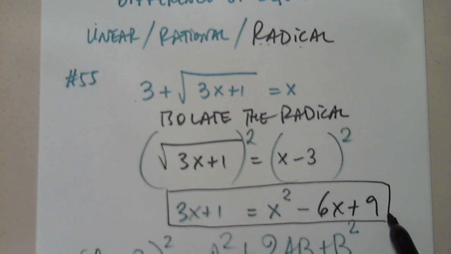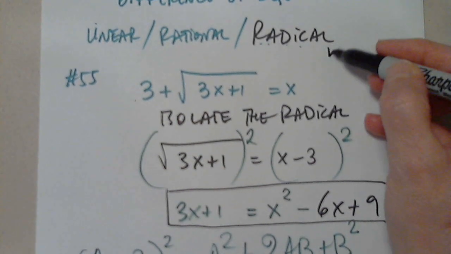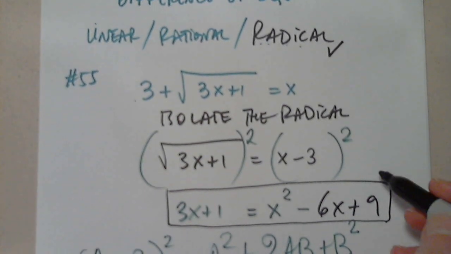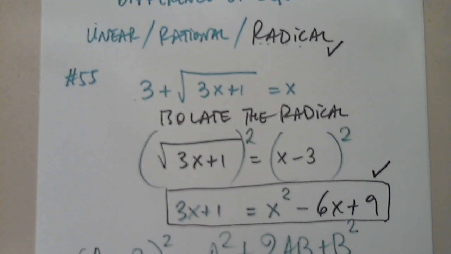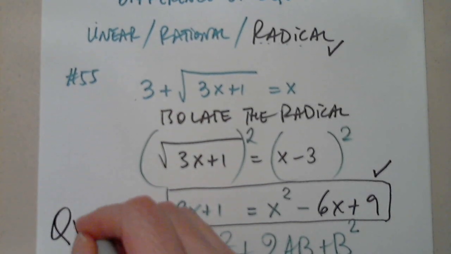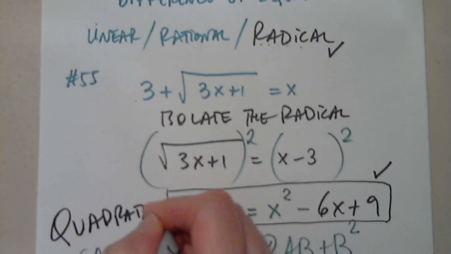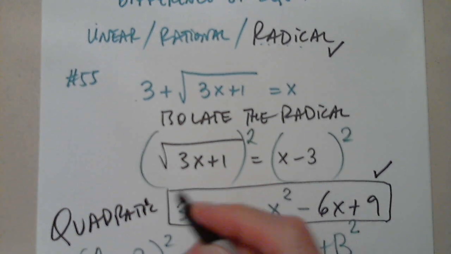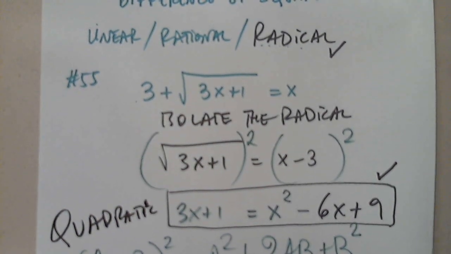What type of equation is this now? It was radical initially. But what type of equation is this? Because we have to decide what to do. If we don't identify it correctly, we don't know what to do. It's quadratic. Exactly. Awesome. So now this is quadratic. Now we have to dig deep. How do we solve a quadratic equation?